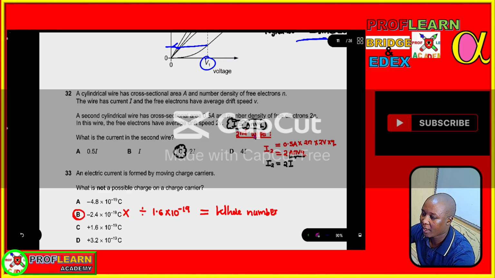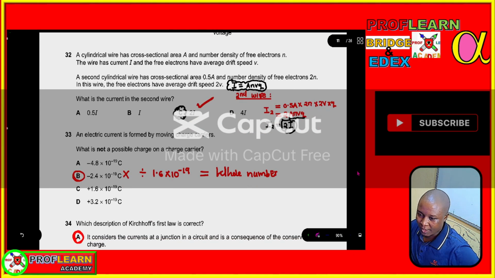For the second wire, we are told the cross-section area is 0.5A, so we say 0.5A times 2N times 2V, then times Q. If you multiply everything, you are going to get I2, the current for the second wire, which is going to be 2ANVQ. But ANVQ is equal to current 1 for the first wire. So we can say current 2 is basically 2 times current 1, and that answer translates to be C. That's what we are going to do in that particular part.